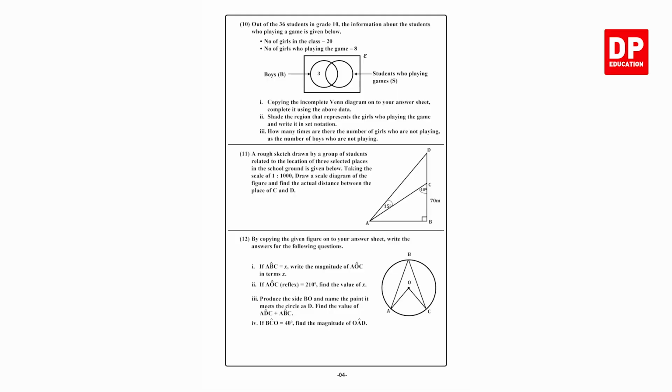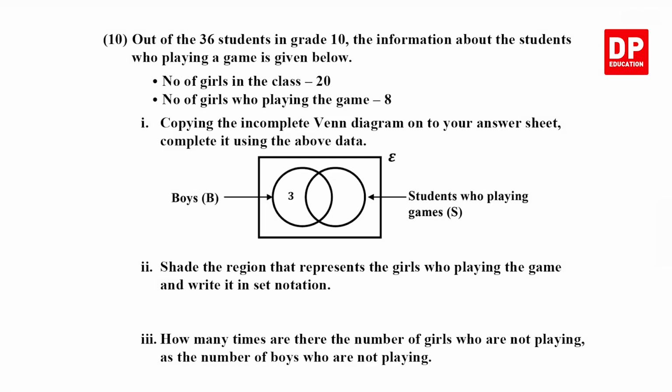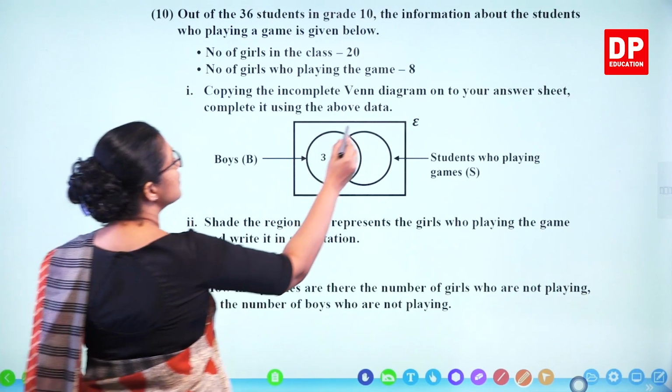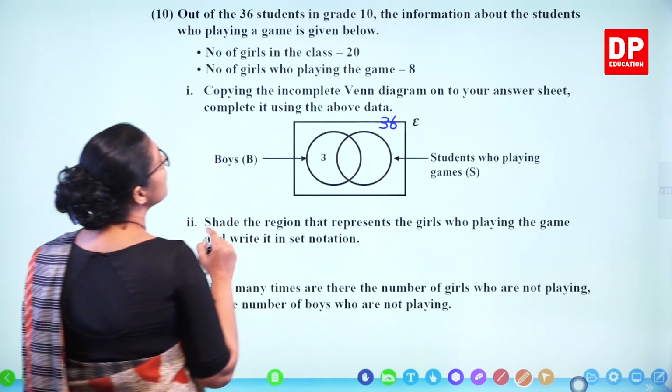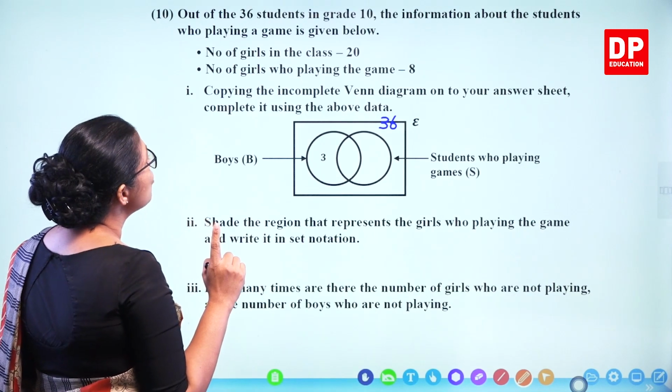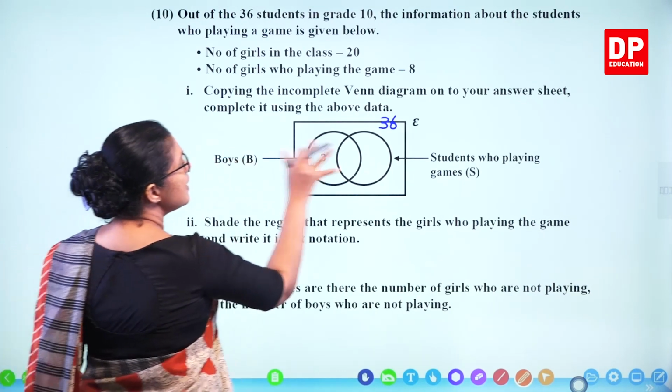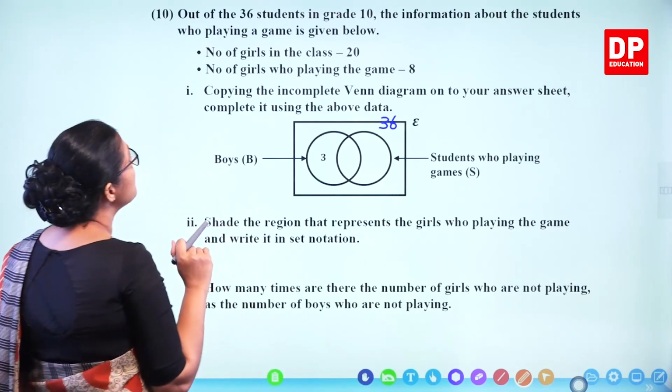Now you can try questions 10, 11 and 12. Question number 10. Out of 36 students in grade 10, so altogether 36 students are there. The information about the students who are playing a game is given below. So boys and students who are playing games.